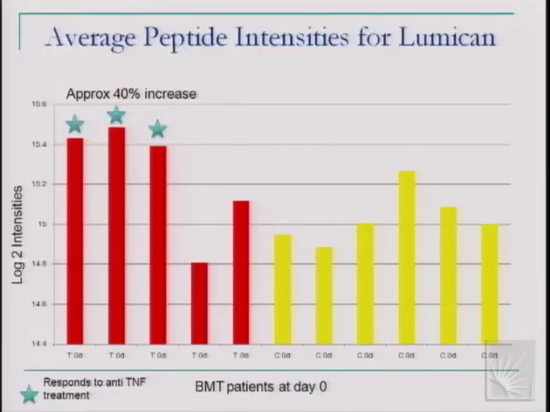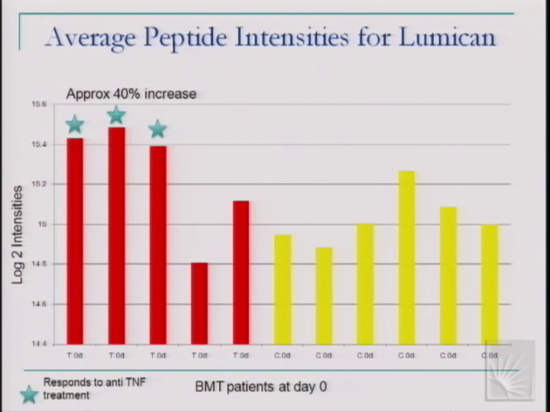So we wanted to look at these selected proteins on an individual basis and see what's going on with individual patients. And when you look at day 0, the red here is IPS patients, and the yellow is control. You can see that there are 3 patients that have significantly higher levels, approximately a 40% increase, for Lumican.